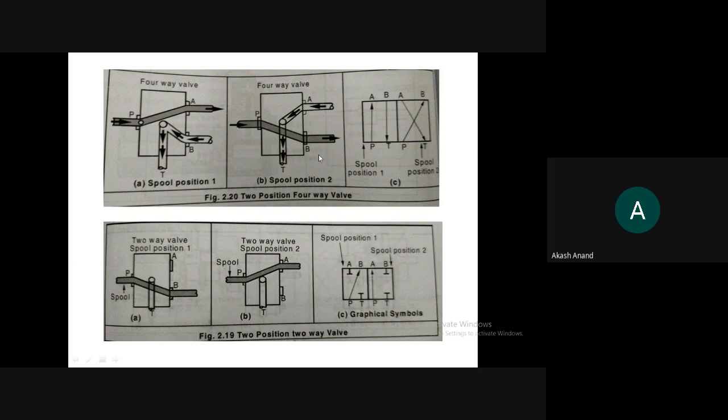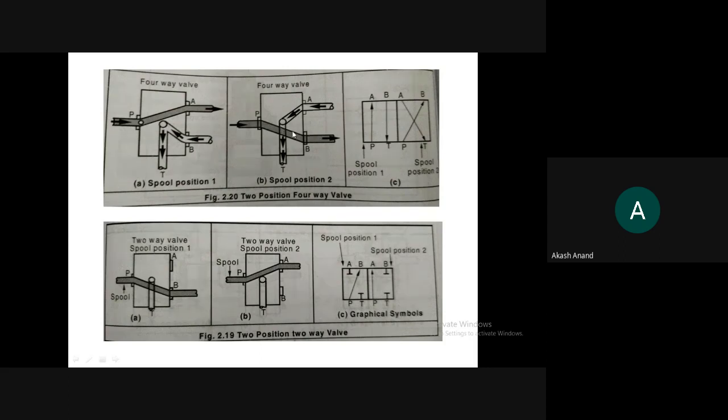So coming on to the second position, the fluid from port P enters into port B. So this is another way, this is the third way. You can see P to A is first way, B to T is second way, and P to B is third way.